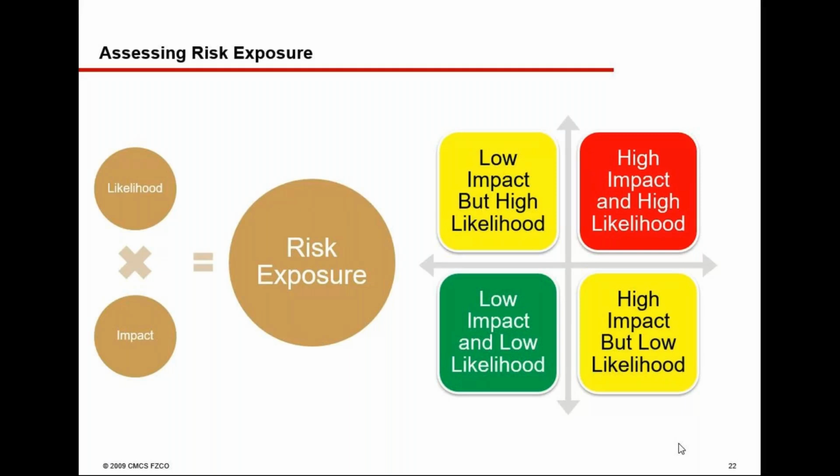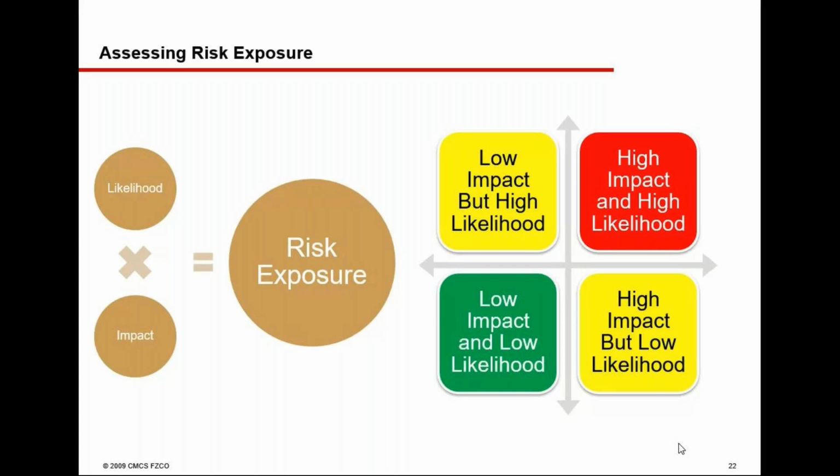Now what does this coloring scheme help us understand? Something in yellow is manageable, something in green we can monitor. There is nothing to worry, but still we need to monitor it.